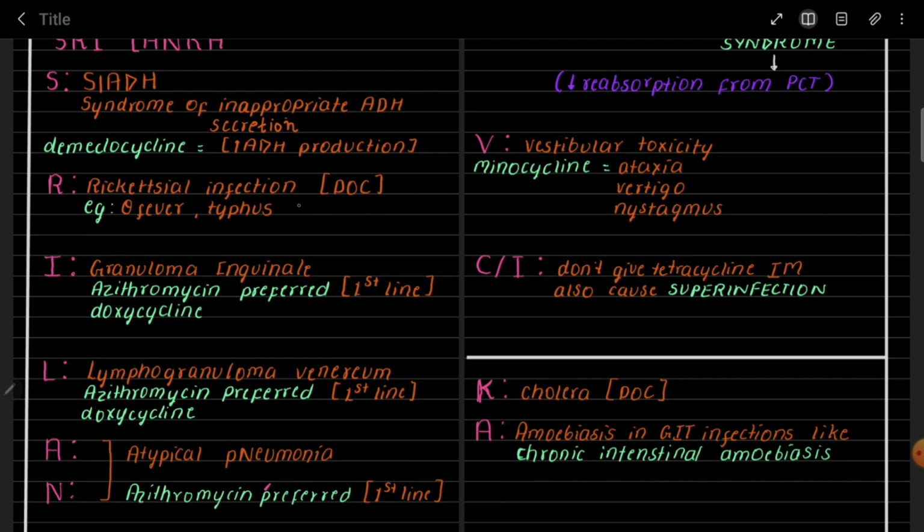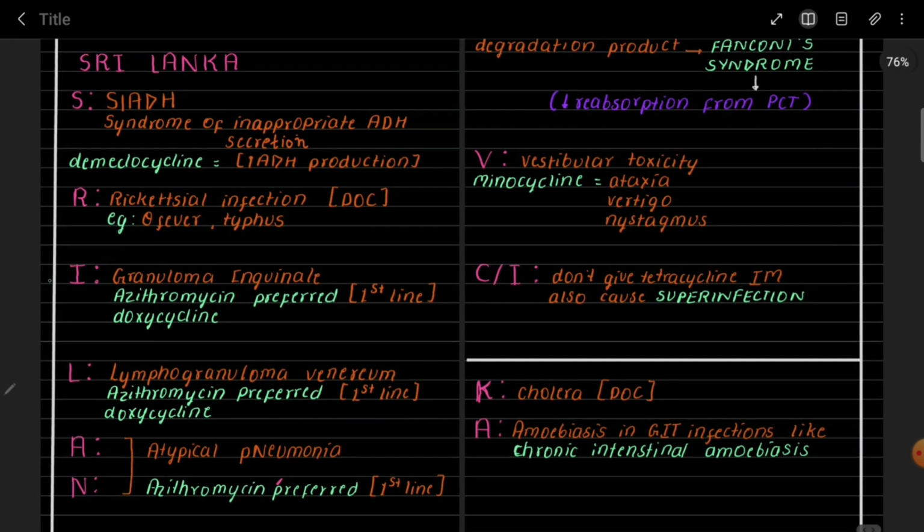Tetracyclines are even the drugs of choice in this case. Rickettsial infections like Q fever and typhus. I stands for granuloma inguinale. For this disease, azithromycin, which is a macrolide, is preferred, but doxycycline is also given. L stands for lymphogranuloma venereum, or LGV.